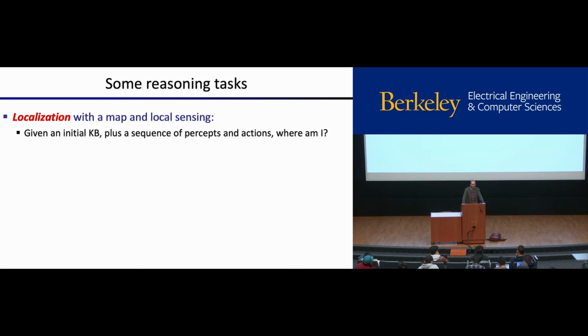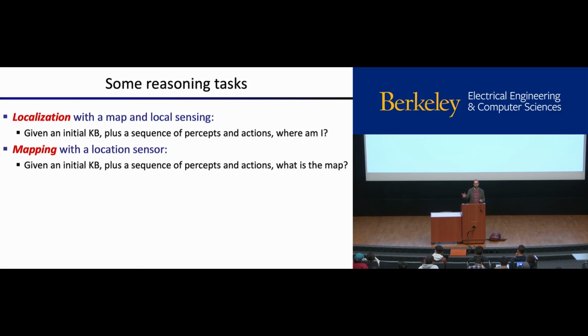If we have a map and local sensing, given an initial knowledge base plus a sequence of percepts and actions, where am I? So it knows the map, doesn't know where it is, but it can perceive the world. It knows what those perceptions imply about the world, and it can deduce where it is. So that's one task you can use inference for. You can check to see if a given location is entailed by the knowledge base plus your sensory information.